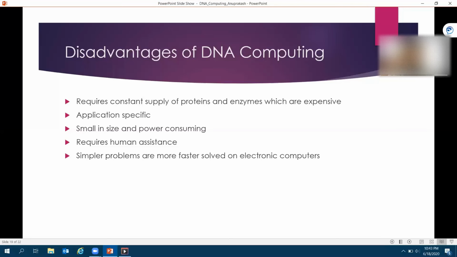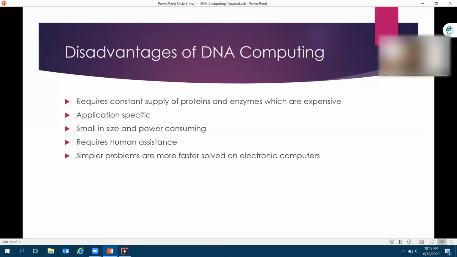Now, let us discuss the disadvantages of DNA computing. DNA computing requires a constant supply of proteins and enzymes, which are very expensive. The second point is that it is application specific. As I have already stated, we cannot use DNA computing in every type of problem, because simpler problems will be more feasible and more efficiently solved using semiconductor based systems.